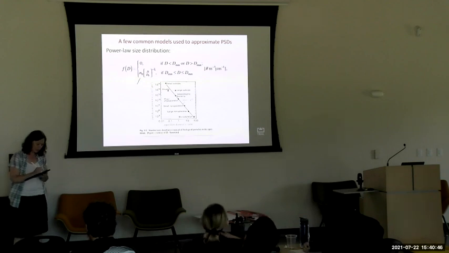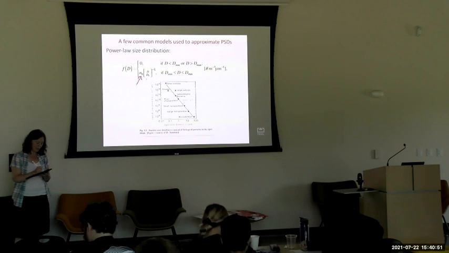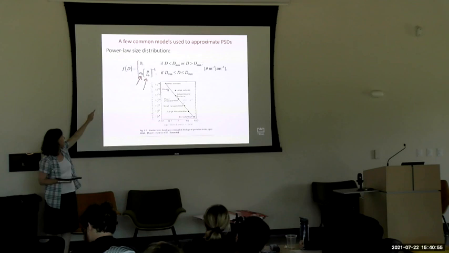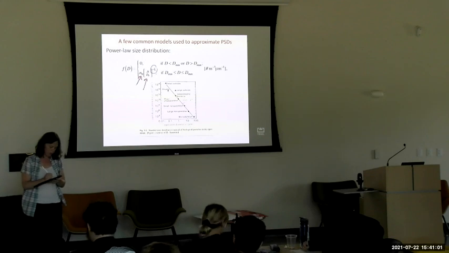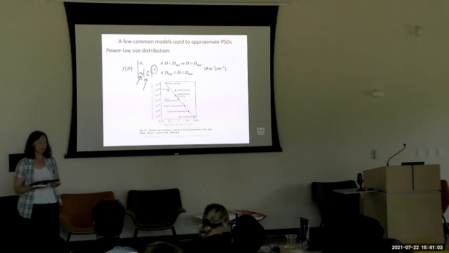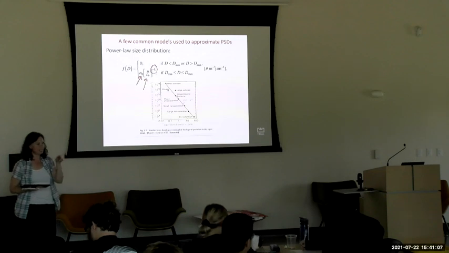We reference the number of particles at a reference diameter, which is d naught. We would take the diameter divided by d naught and raise that to this power law size exponent, which is usually beta, squiggle.